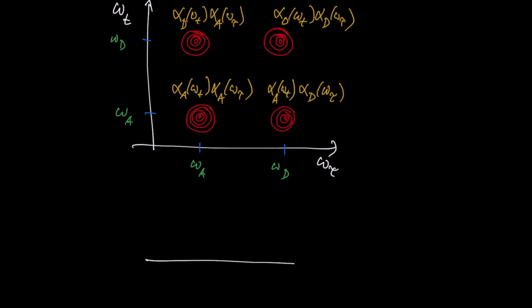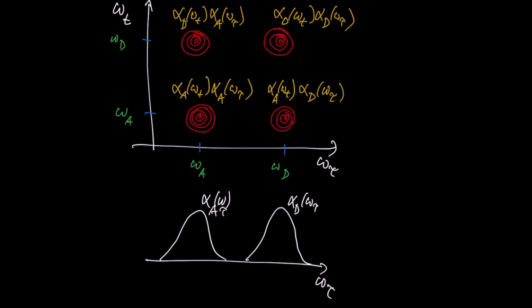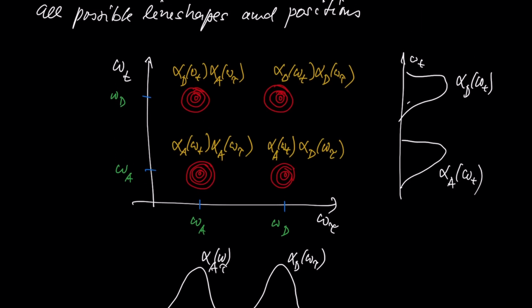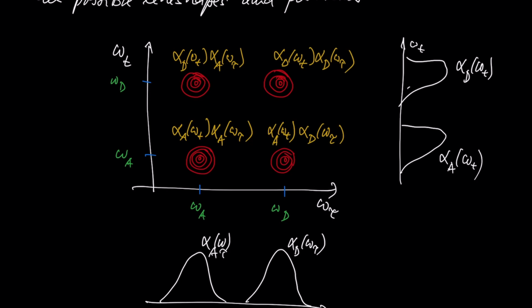We can also copy the axes here and draw the absorptions. So this is alpha A omega tau, alpha D omega tau, and here we would also have alpha D omega T and alpha A omega T. Okay, so this is how we conceptualize the 2D spectrum.